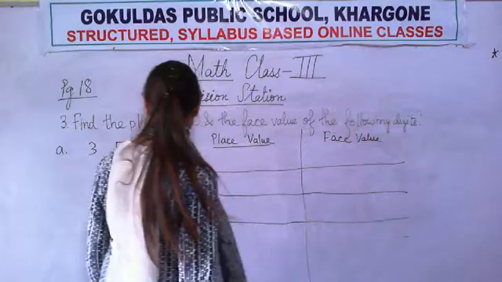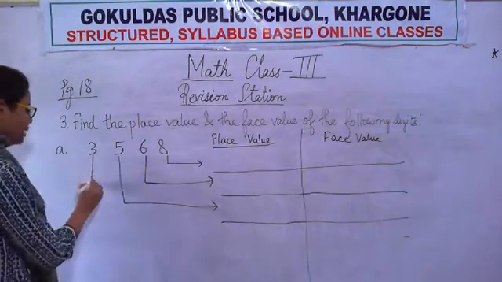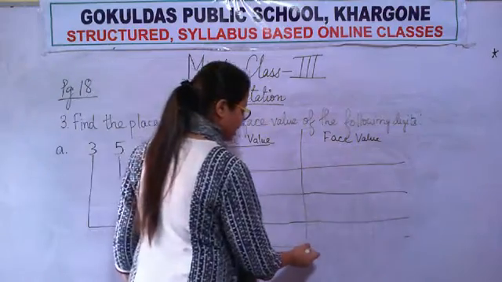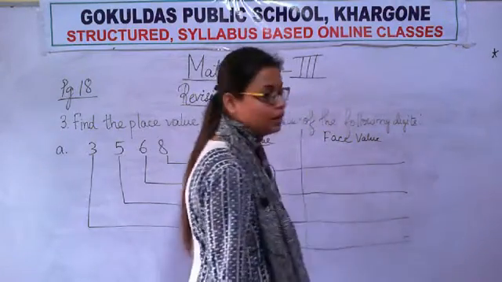You will not use your running hand because I don't have a big ruler over here, so that is why I am using my running hand. If you use your running hand in your notebook, it will look horrible.